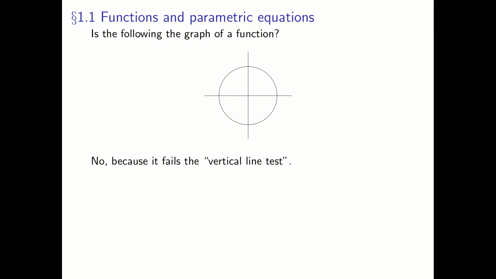And the reason why is it fails the vertical line test. Now, what's the vertical line test? The vertical line test is this idea that the rule of assignment of a function really is supposed to only assign one thing in the domain to one thing in the codomain. So when you're thinking of this as a function, you're saying, okay, my domain is the x-axis and my codomain is the y-axis, and I'm looking at this and I'm saying, well, where is this point going?